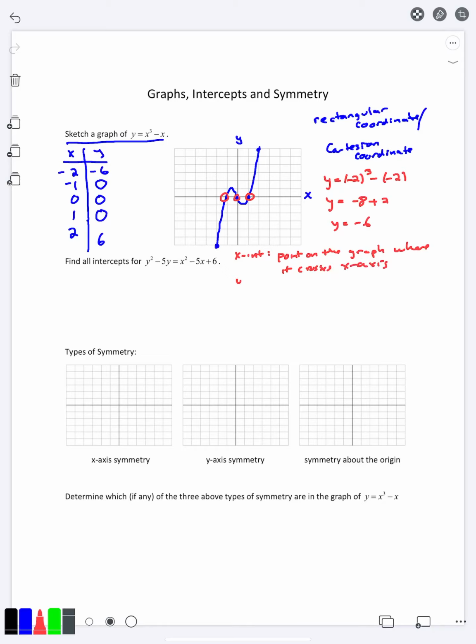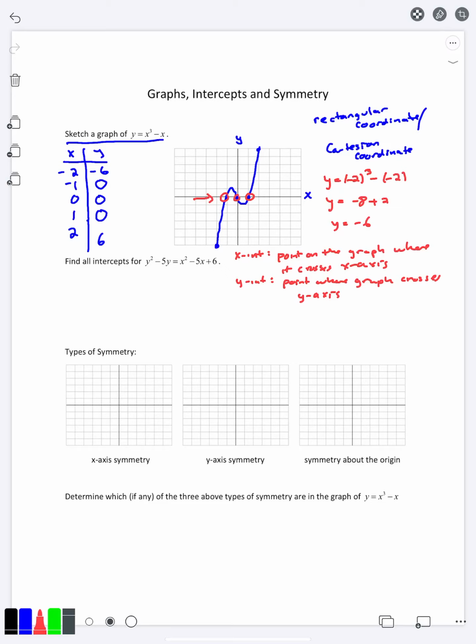And similarly, a y-intercept is a point where the graph crosses the y-axis. And so it turns out that every one of these x-intercepts has a y value of 0, and every y-intercept has an x value of 0.